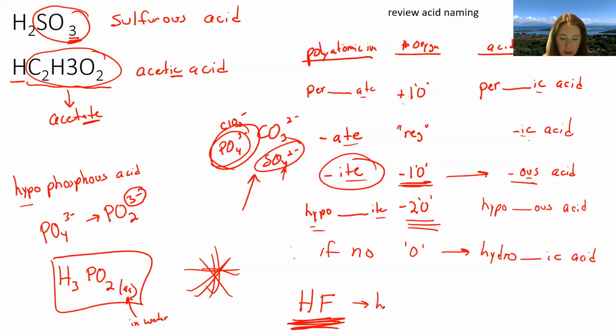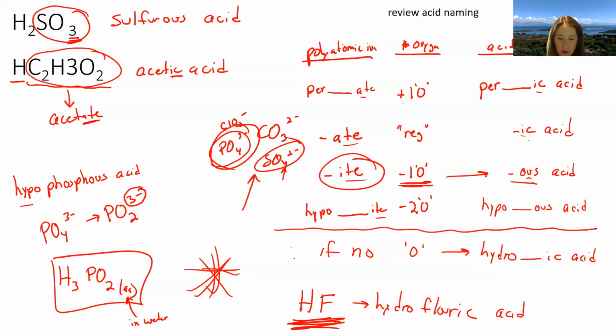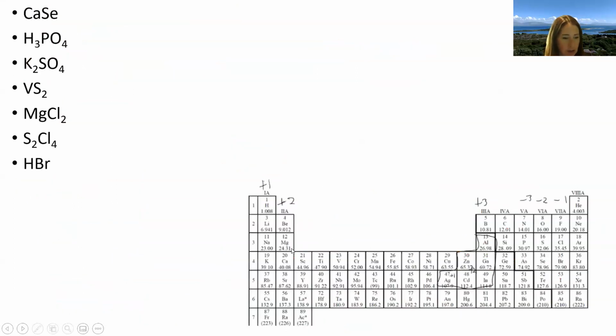So this would be hydrofluoric acid. If there's no O's, use hydro. And F is a -1, so we have 1 H, because H is a +1.